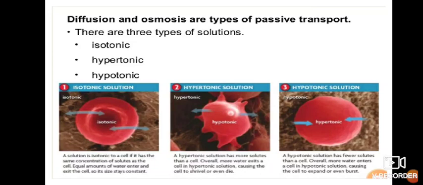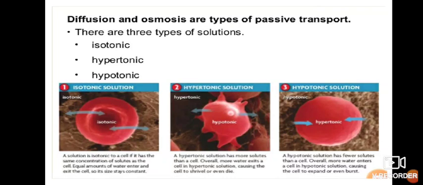So what will happen if the medium surrounding the cell has a higher water concentration than the cell, meaning that the outside solution is very dilute? The cell will gain water by osmosis.